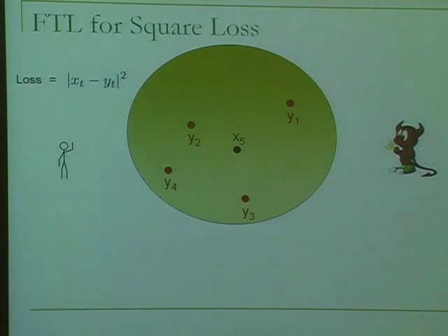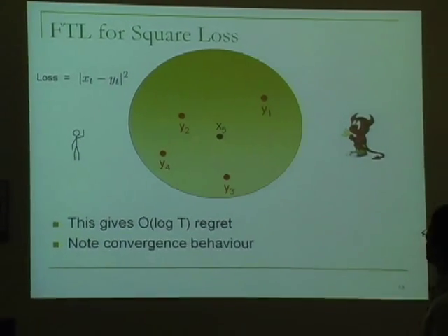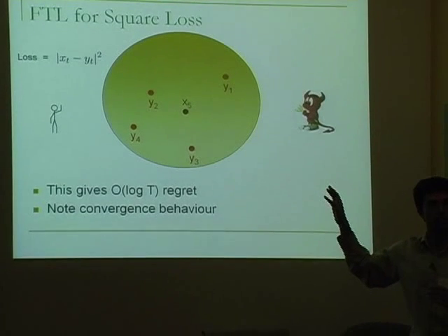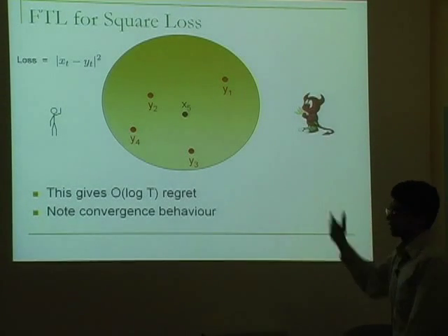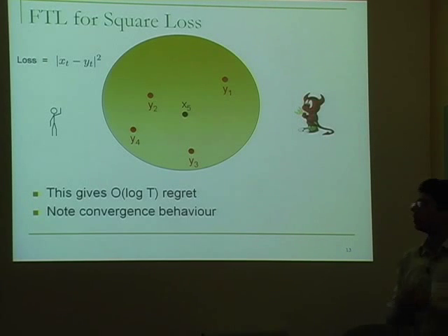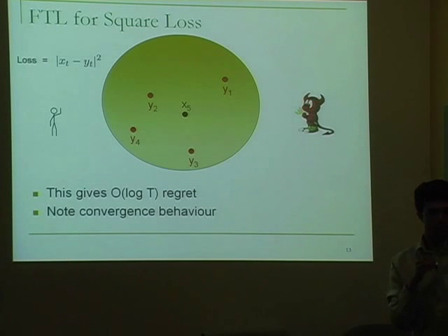It actually decreases by 1 over t. And this algorithm gives O of log t regret. It's not very complicated, and it essentially boils down to this: the point eventually does converge to x star, which is the centroid, and it moves very little as time progresses.